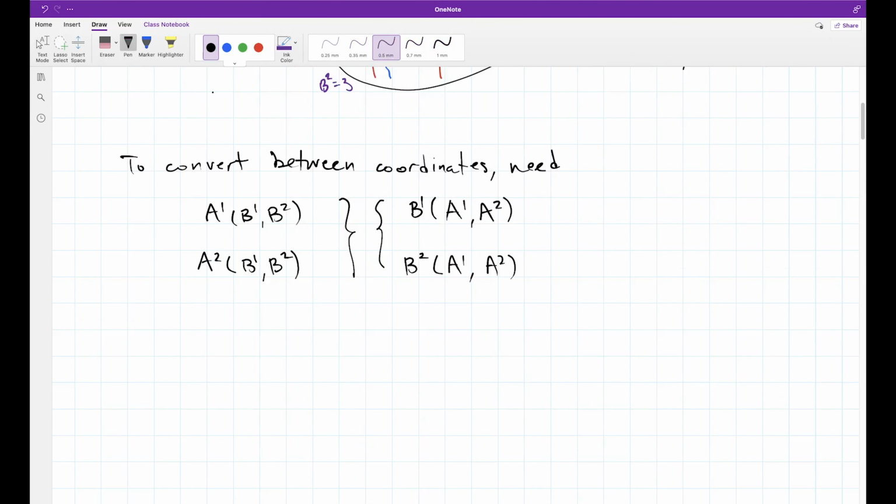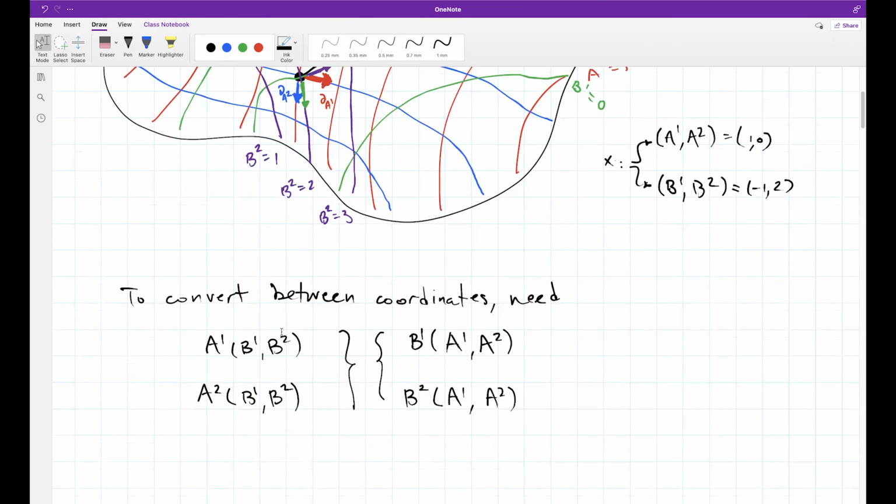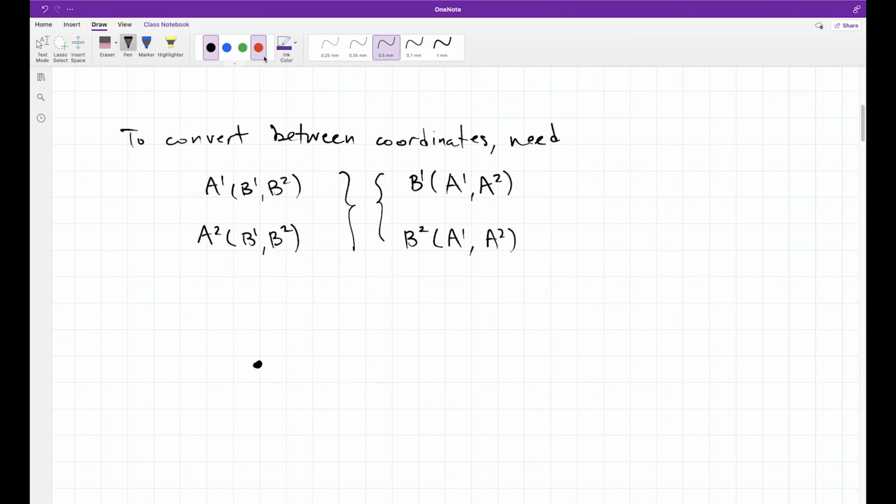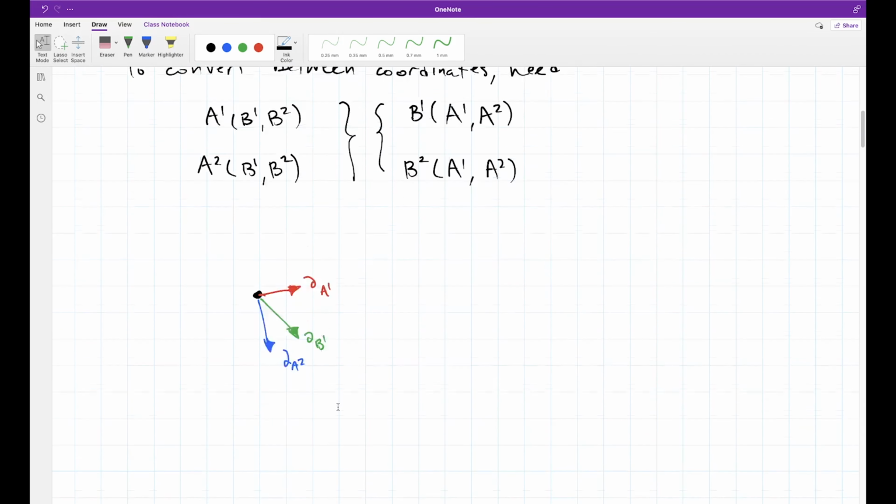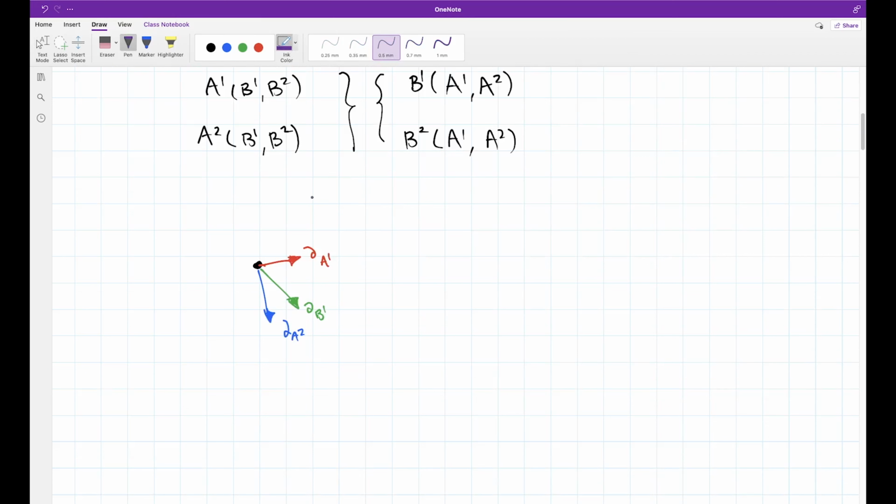So we have our point X, and we have the partial A1 vector. We have the partial A2 vector. We have the partial B1 vector. Make sure that I'm getting this all right. Yep. And finally, we have the partial B2 vector.